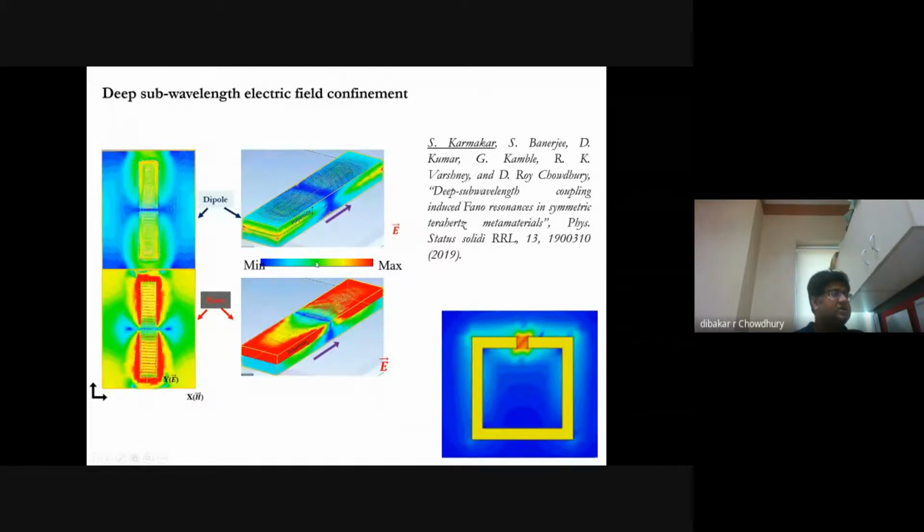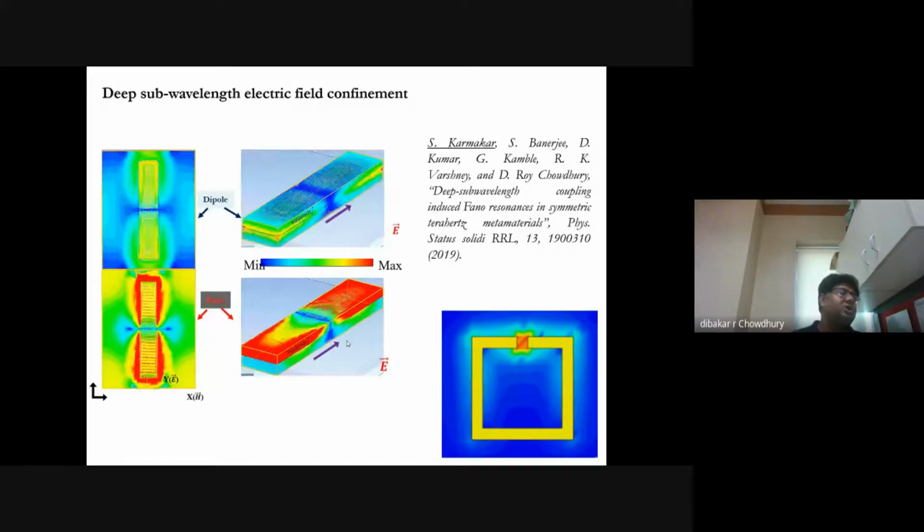It is somewhere here where the field is the maximum. However, at the Fano mode, we see there is a huge, strong field confinement happening in the film. So now that is a very advantageous situation for us.